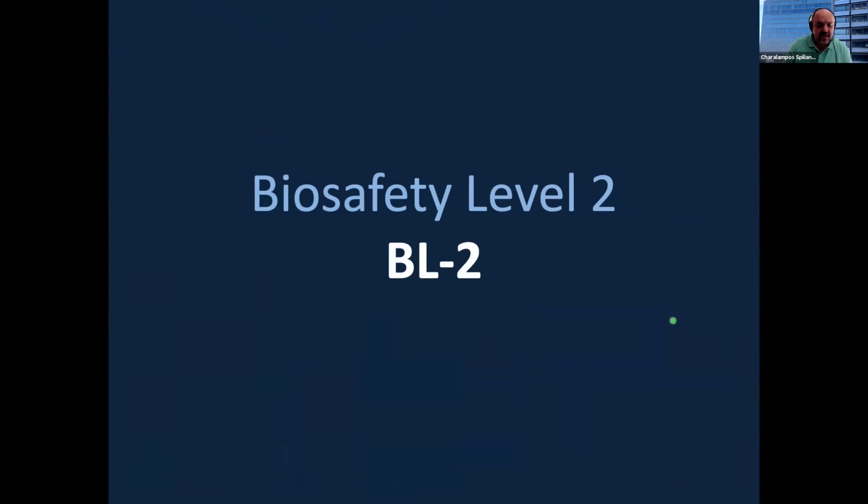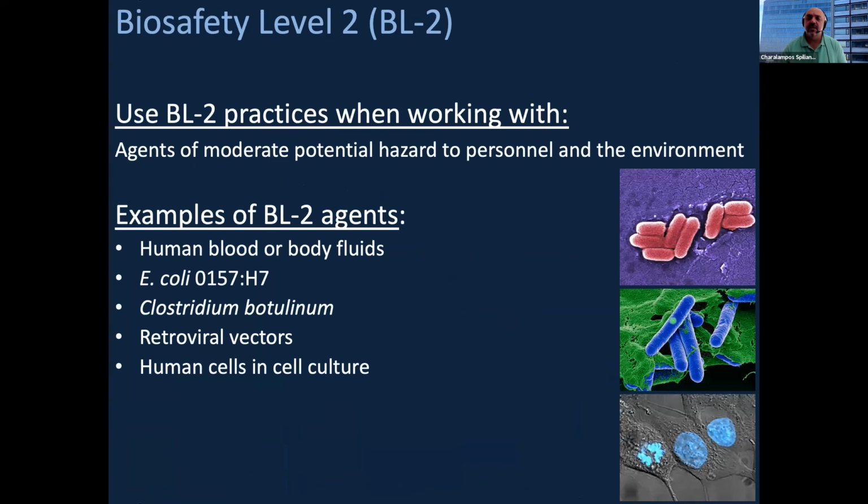Now, for biosafety level 2 laboratories, here we're talking about reagents, biohazardous materials that could potentially be dangerous to either ourselves or the environment. And here we refer, for example, to human blood or body fluids, to certain E. coli strains, to Clostridium botulinum, retroviral vectors.